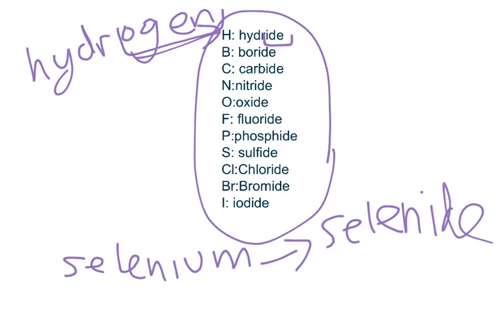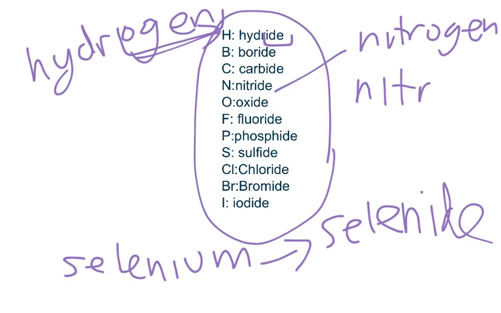That sounds right. It's not selenide with a different ending, that doesn't sound right. But selenide sounds right. Maybe you just get used to them by looking at a lot of them, or you just simply memorize them, which is one way that it could be done. So nitrogen will be nitride. It sounds good on the tongue, and maybe that's why the "ides" are named this way.